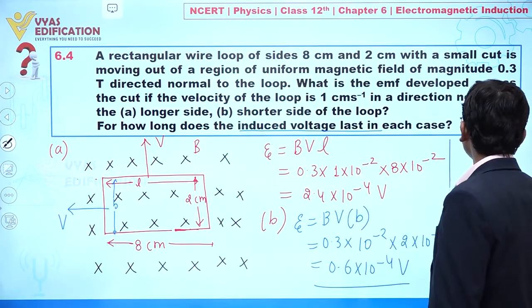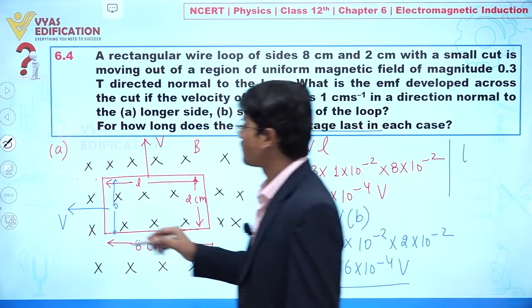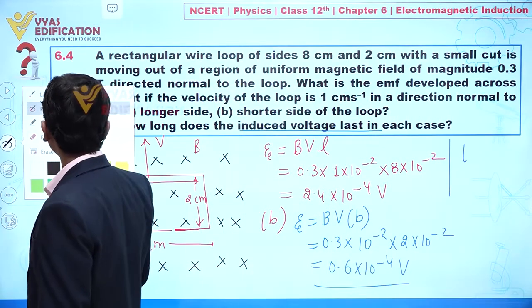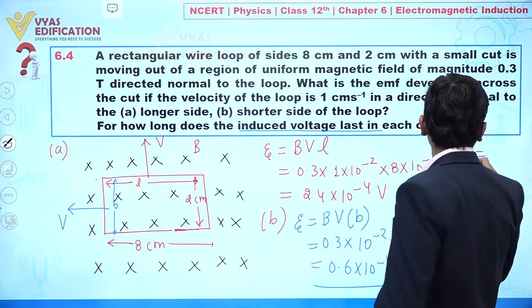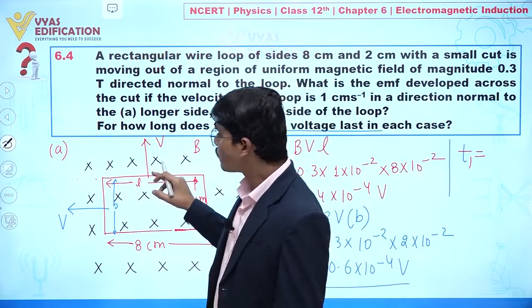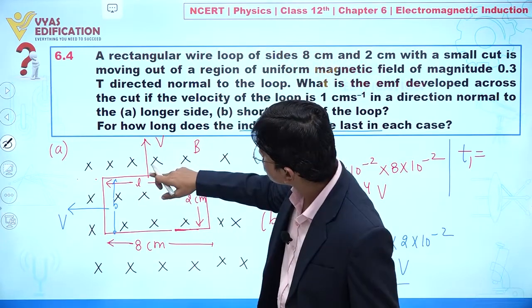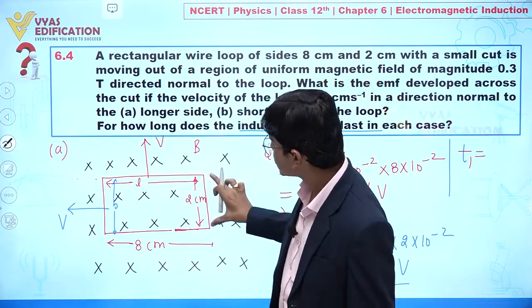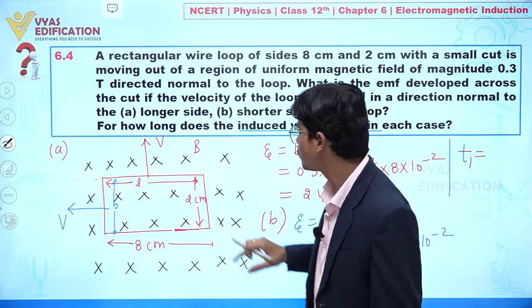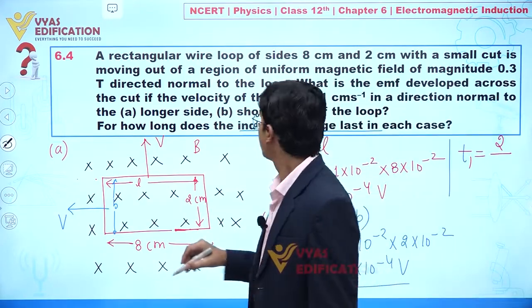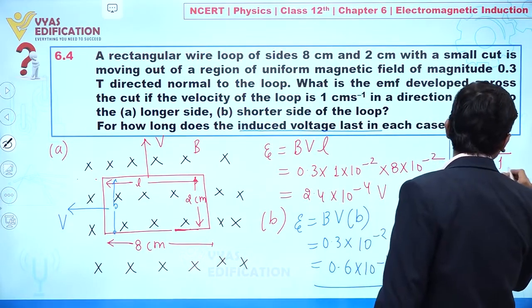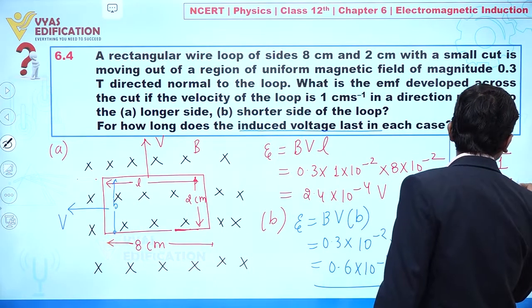Yes. For the total time in the first case, what is the distance covered? When the loop is going in this direction, the distance covered in the magnetic field is only 2 centimeter, and the velocity is 1 centimeter per second, so the total time taken is 2 seconds.